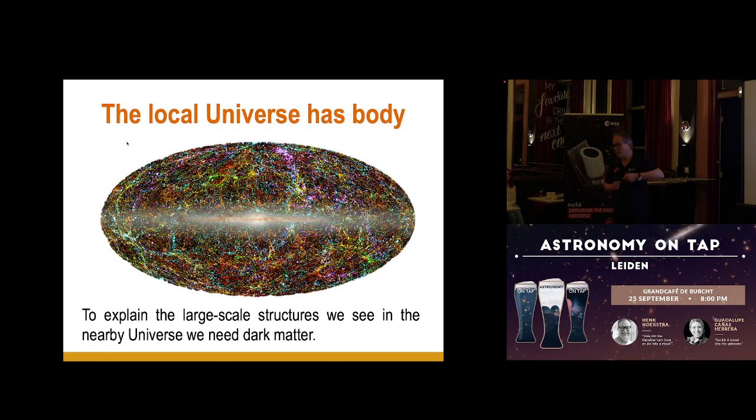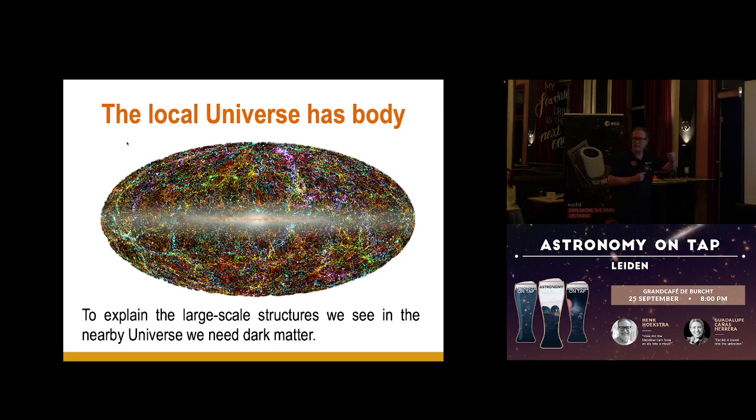If we compute forward these small fluctuations that we see in the early universe, we would not be here today. There's a mystery, and the solution to that is this dark matter that Guadalupe already alluded to. There are many ways we believe dark matter must exist, but this is one of them. Dark matter is essential to form the structure we see today. Without dark matter, we would not be here today.